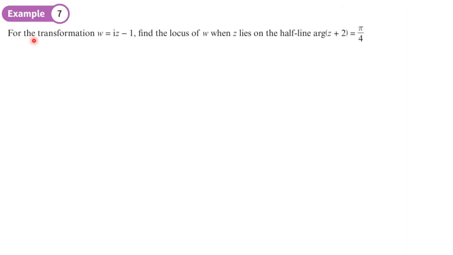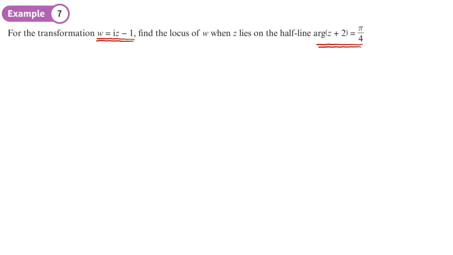Okay, so here for the transformation w equals iz minus 1, find the locus of w when z lies on a half line arg z plus 2 equals pi over 4. So just like in a previous example, we need a way of trying to get these two together.